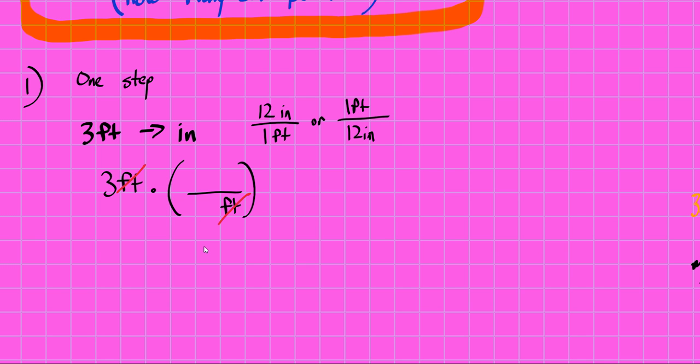Get rid of it, it's gone, I don't want it anymore. And what I would like to do is replace that with the unit inch. So if I know my unit conversion factor, then I know that 1 foot is the same as 12 inches. So I would do 3 times 12 over 1, or just 3 times 12, and I would get 36 inches.